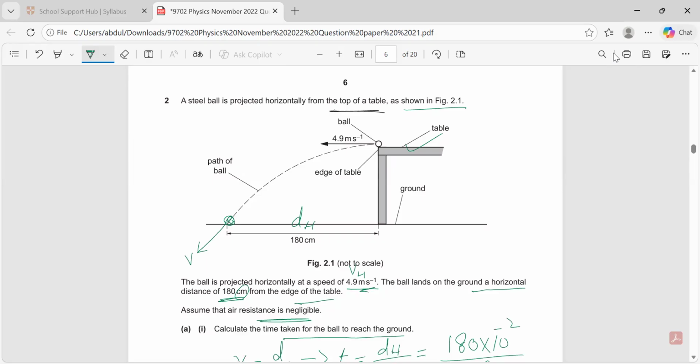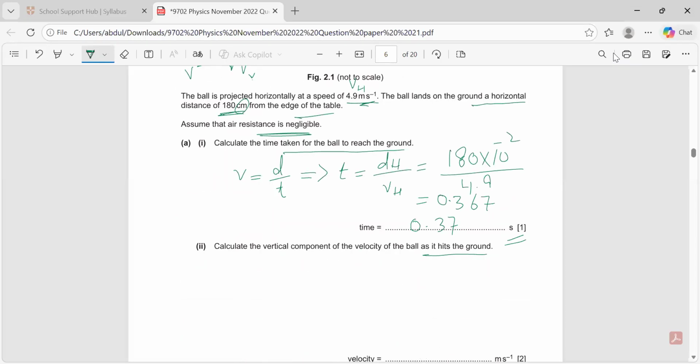My dear friends, they want us to calculate this one, which is along the vertical. And we know horizontal velocity stays constant. Before it was 4.9, now too it will be 4.9 meters per second. We need to calculate this vertical component of velocity. Now, what is the data which is given to us?